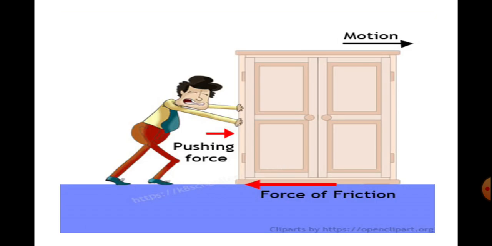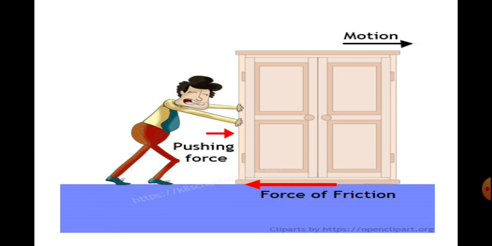When we push a box lying on the floor with a small amount of force, what happens? It does not move at all. It means that the surface of the floor on which the box is resting exerts some force on the box which acts in a direction opposite to the force of the push.